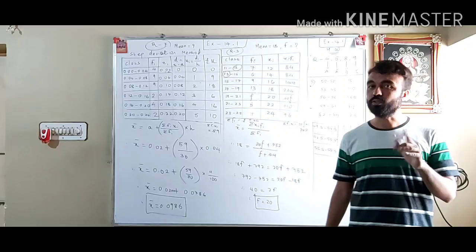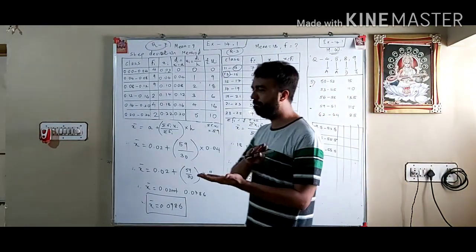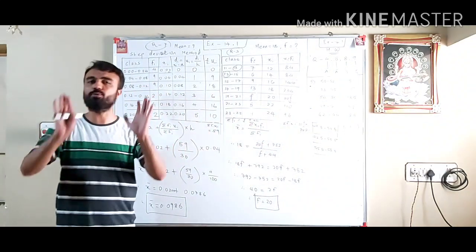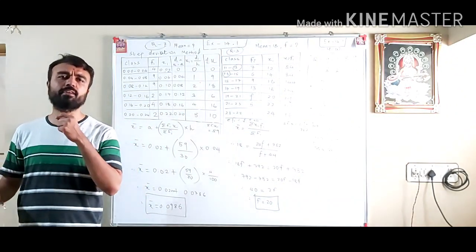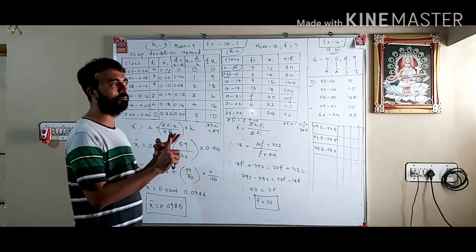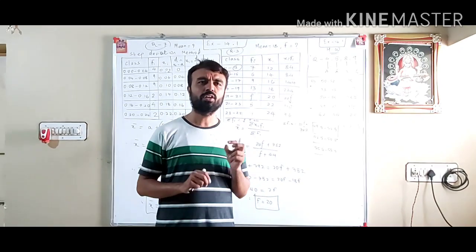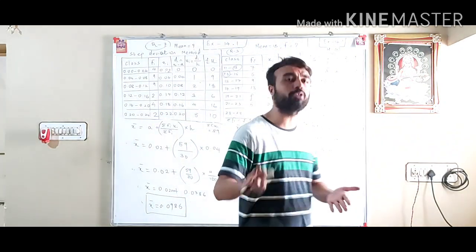Okay, so you should keep this in mind. Fine. So I think now everything from A to Z I have told you about mean. Nothing left. I guarantee if you learn these 2 video lectures properly, and if any sum of mean comes in the examination, you will easily be able to solve it, because there is nothing else to be discussed.